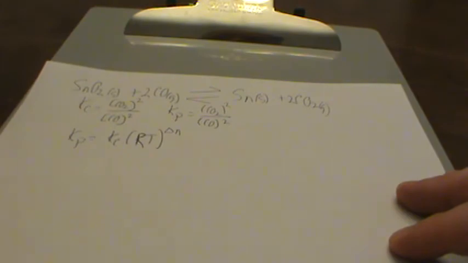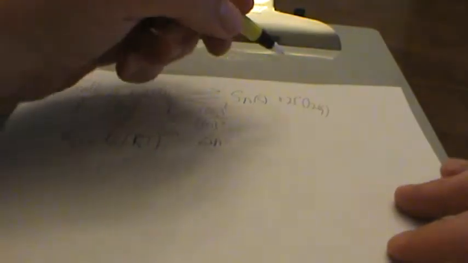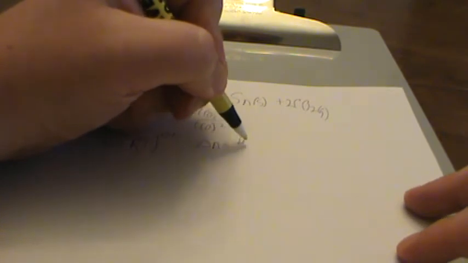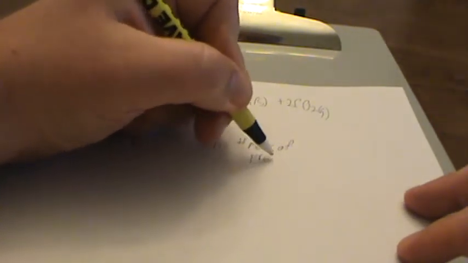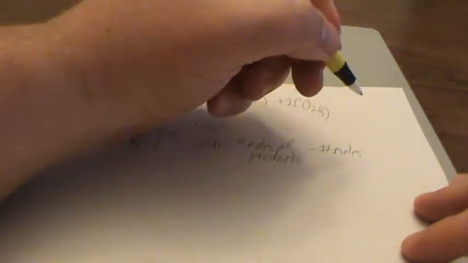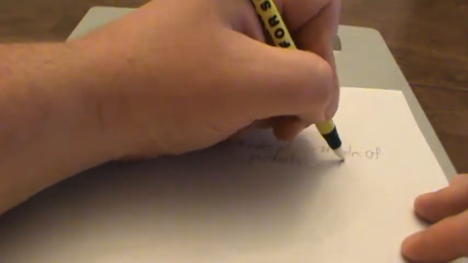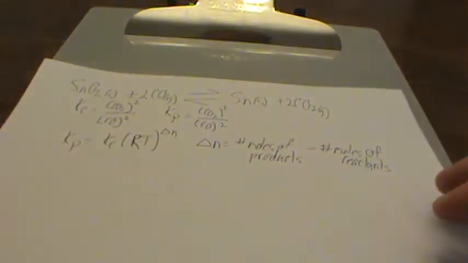The way that we find delta n is we take the number of moles of products minus the number of moles of reactants.